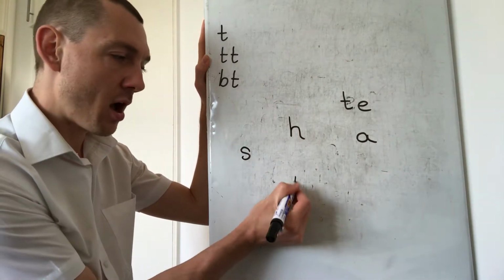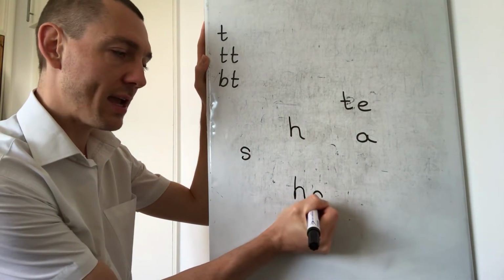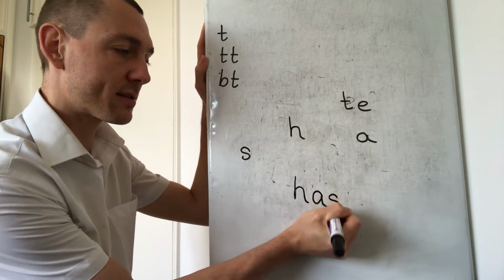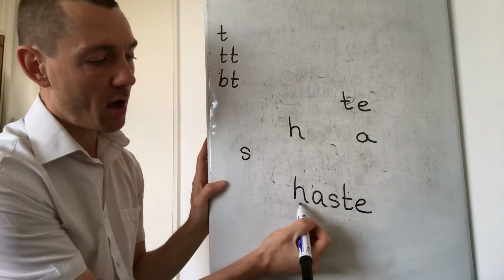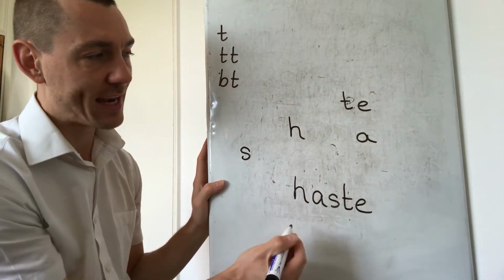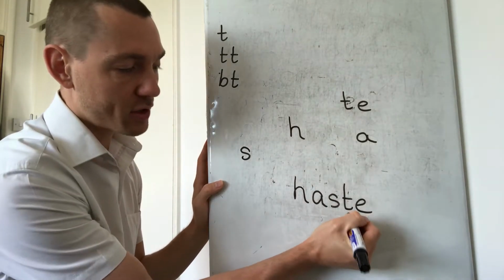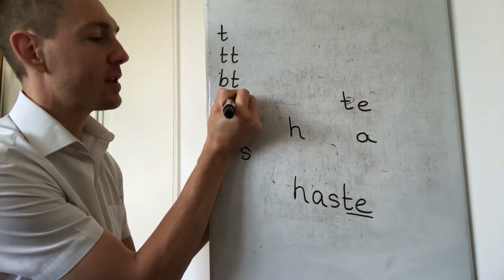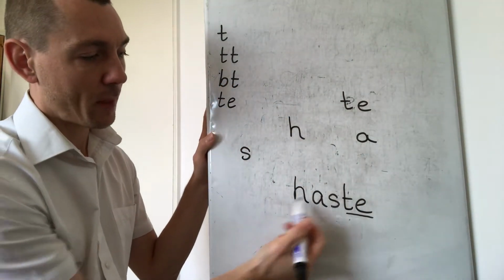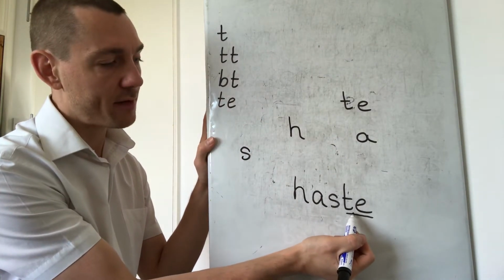We say h, ai, s, t, haste, haste. And we've got the two-letter spelling of t on the end, but this time with a TE on the end of the word, okay, the final sound.